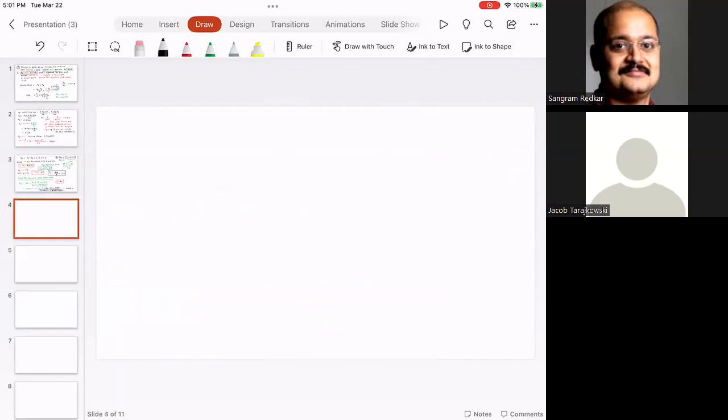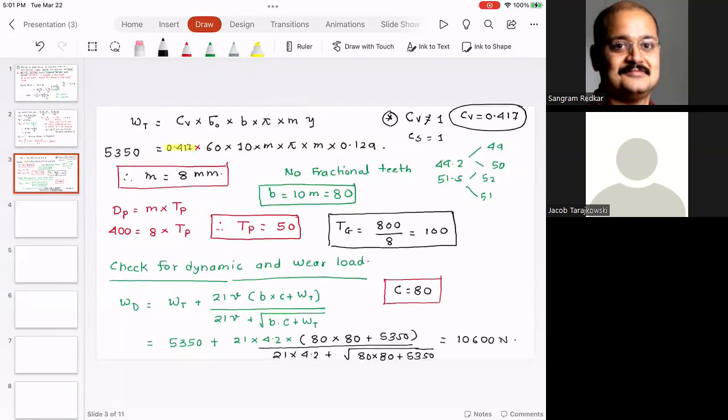Okay, next, to find static load. Do you want me to actually walk you through that? Did you have a tooth error interaction value?